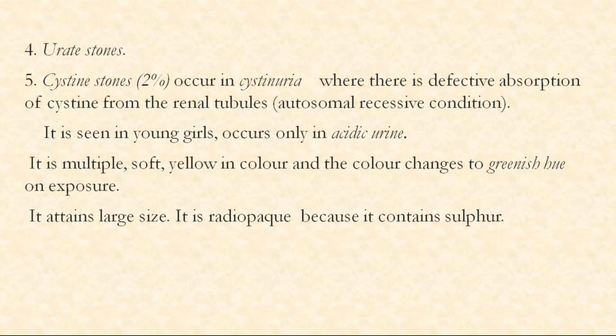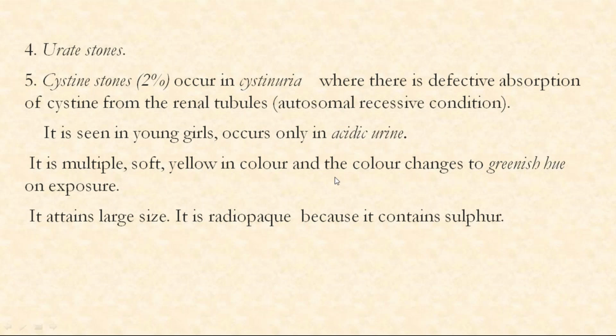These cystine stones are very uncommon, only present in cystinuria. The cystine crystals are passed in the urine, which is called cystinuria. This cystinuria is autosomal recessive, already discussed. It arises from the renal tubules. It is commonly seen in young individuals, young girls, and the urine is acidic.